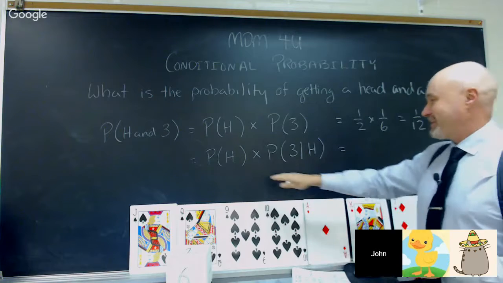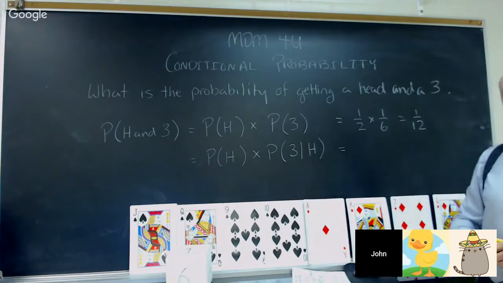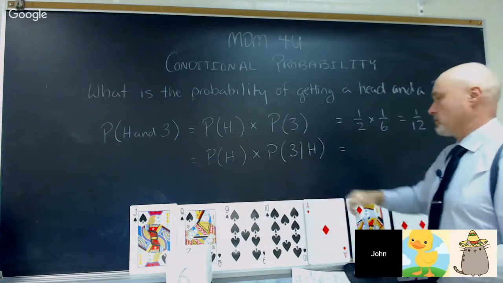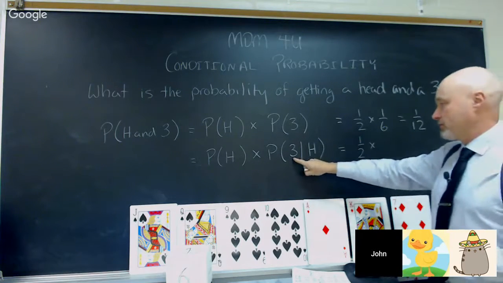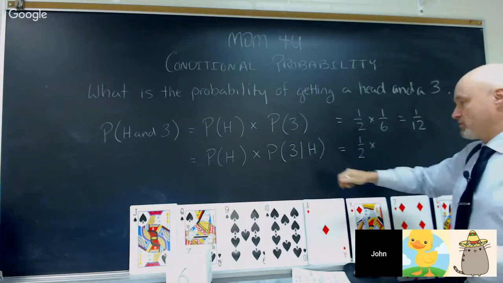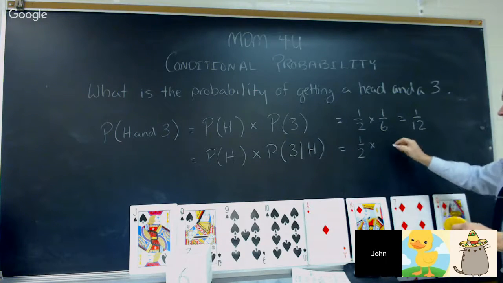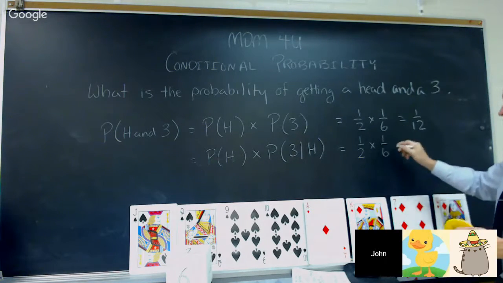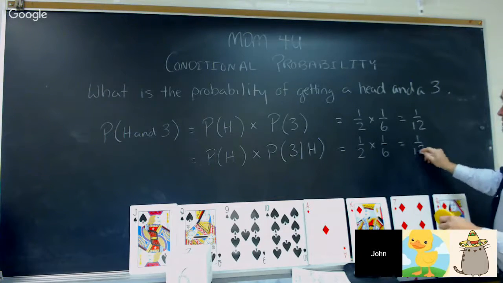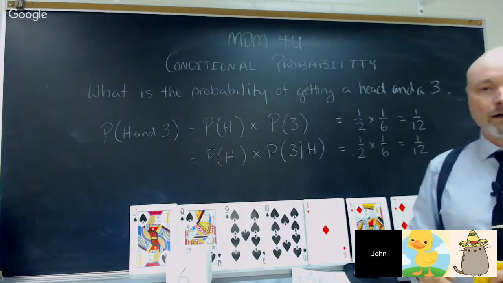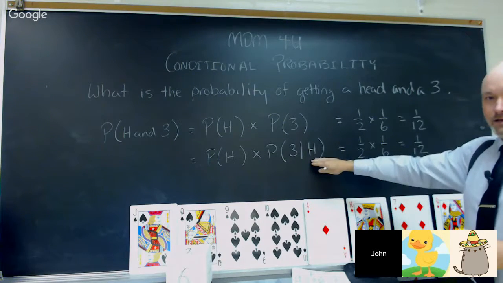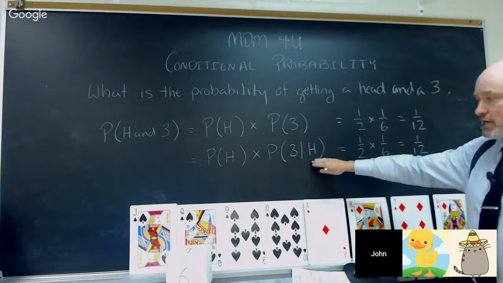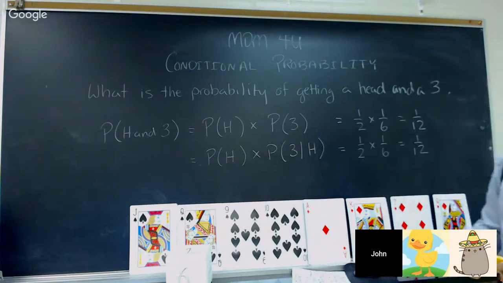And since the events are independent, even though I'm symbolizing it this way, probability of getting a head is 1/2, and the probability of getting a 3, given that I've already thrown a head, is also just 1 in 6 because they are independent. But we are going to look at the situation where this second event, the probability changes given the outcome of the first event.